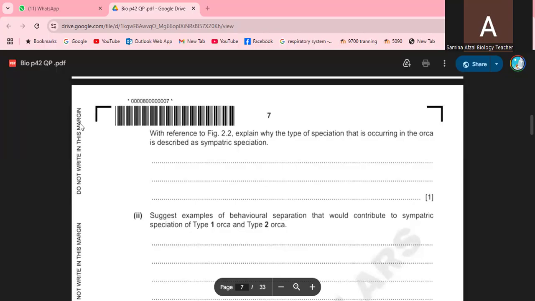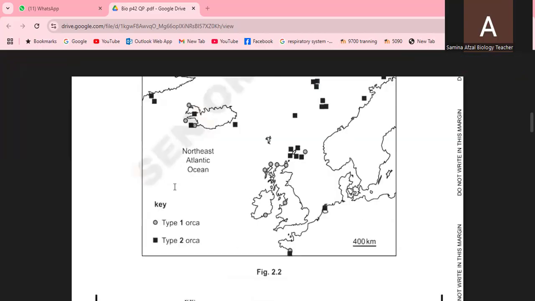This co-occurrence in the same geographical areas, despite the development of distinct ecotypes with different diets, is the key characteristic of sympatric speciation. Geographically isolated, it would be allopatric speciation. The fact that they exist in the same broad region suggests that other factors such as ecological speciation and behavioral speciation can happen. But here you can see they are overlapping.